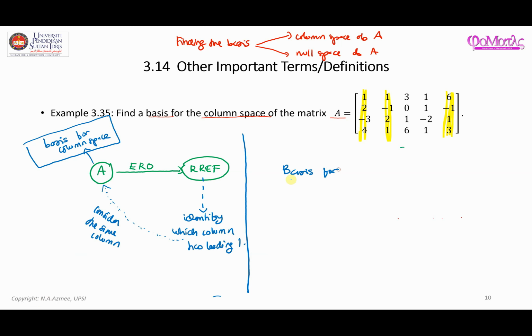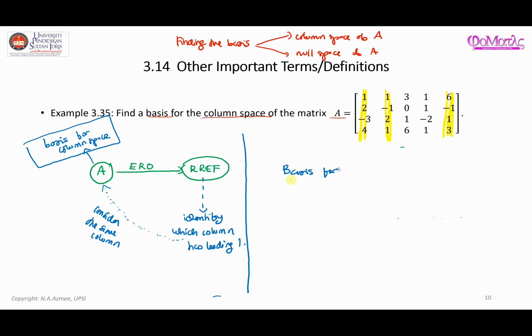Okay, so here we will have 1 1 -2 1. Right, so that's the answer for example 3.35 done.